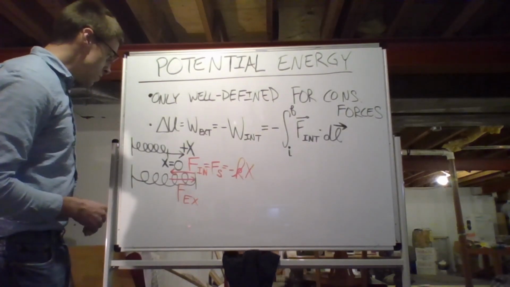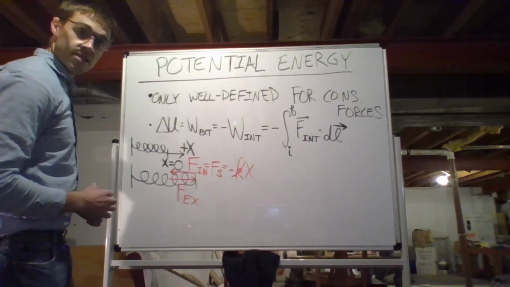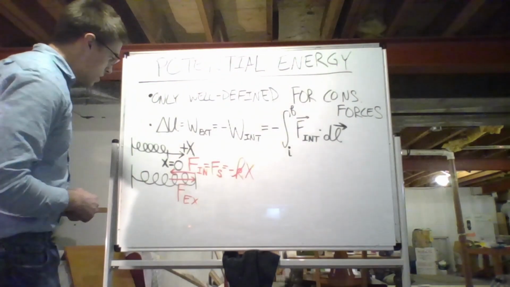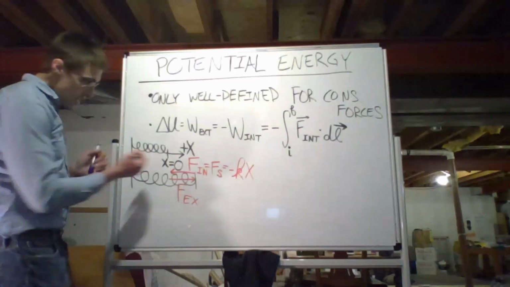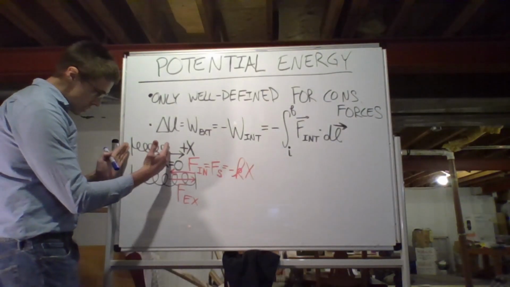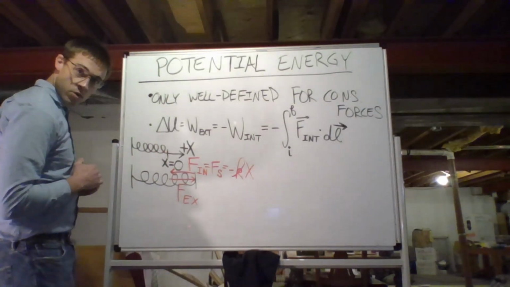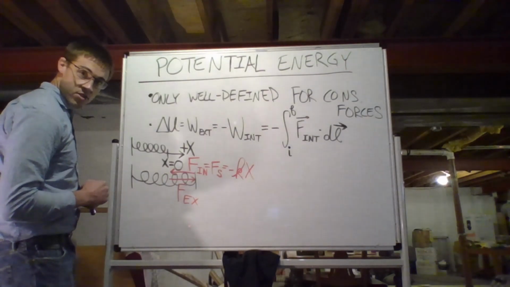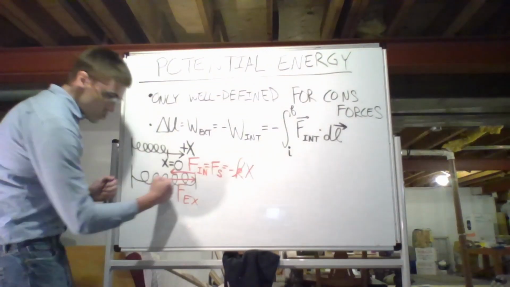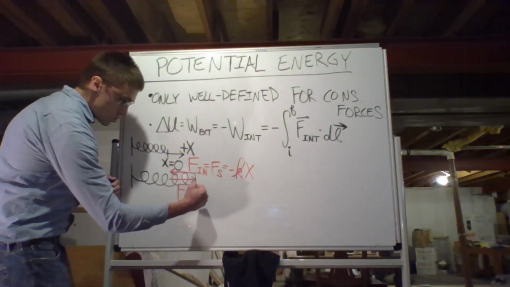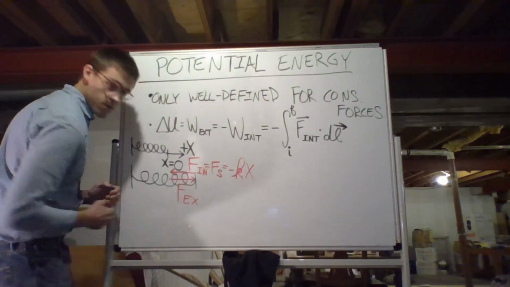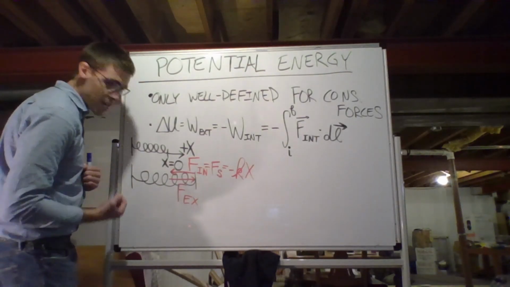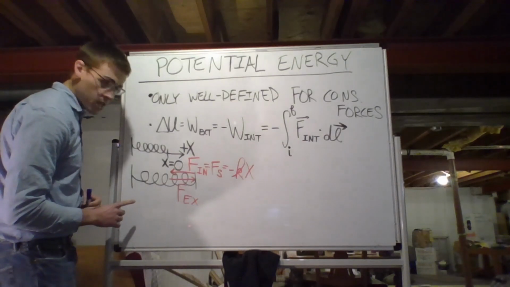Now, let's just use this to calculate elastic potential energy, or the potential energy of a spring. So you can imagine if I have a spring, say, that is sitting here, and it's at equilibrium at x equals 0, then if I take an external force and I stretch it out to some distance x, then I have essentially put some energy into the system, right?